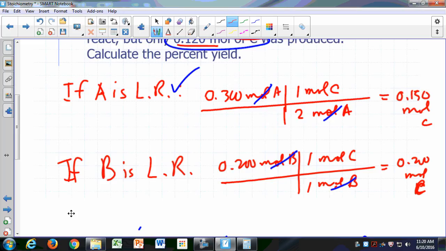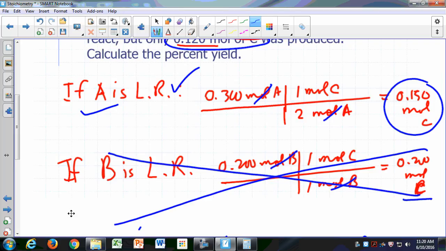Well, by the time you make the 0.15 moles of C, A will be gone, so you cannot make 0.2 moles of C. So this assumption that B is the limiting reactant is the wrong assumption. In other words, you can go ahead and figure out the theoretical yield based on those two assumptions. The assumption that gives you a smaller value for the theoretical yield has to be the correct assumption.